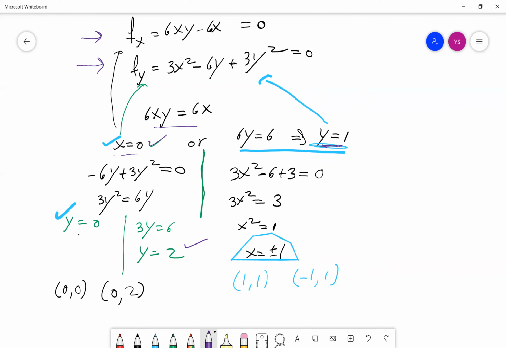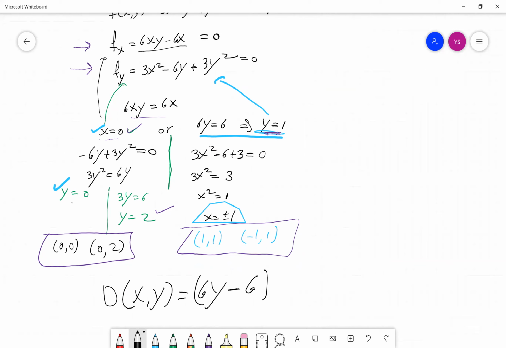Rather than just writing down the formula again, I'm just going to take it. Okay, so it's the partial of this with respect to x. So that is going to be 6y minus 6 times the partial of this with respect to y.